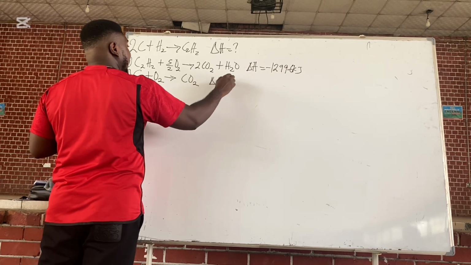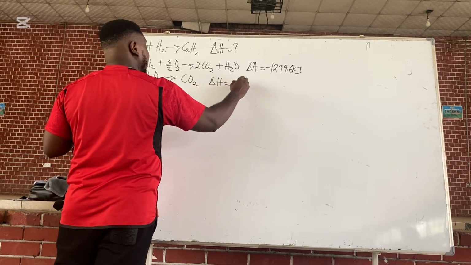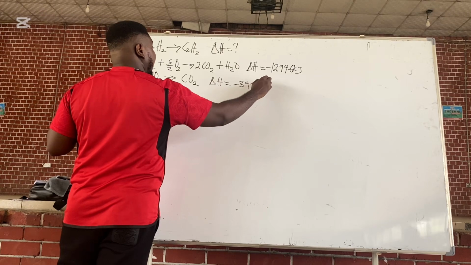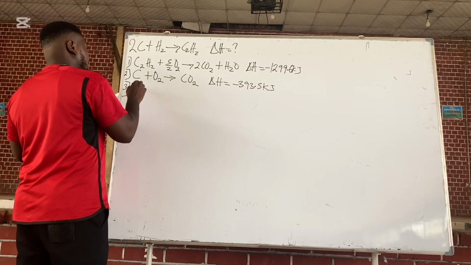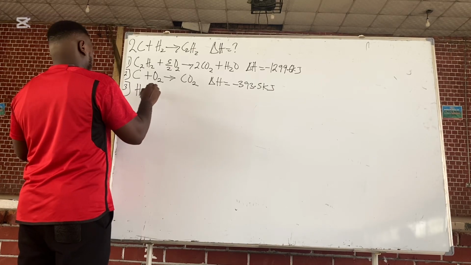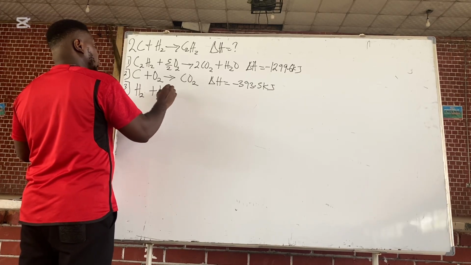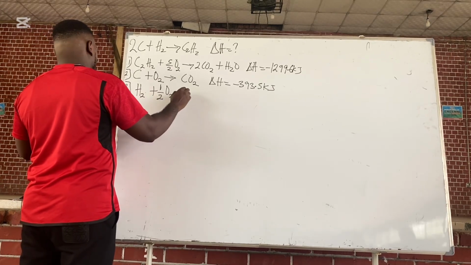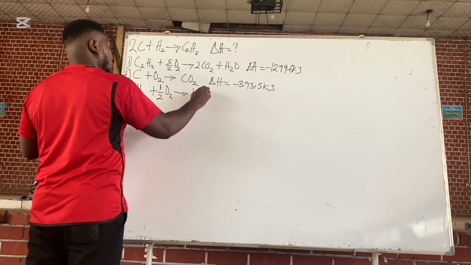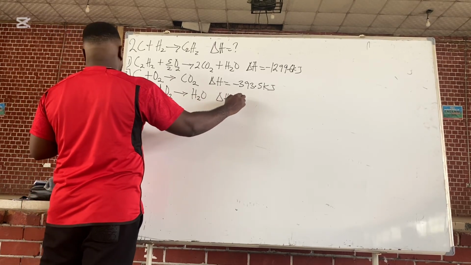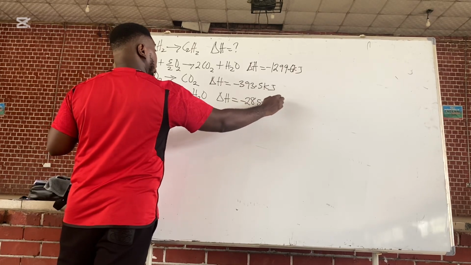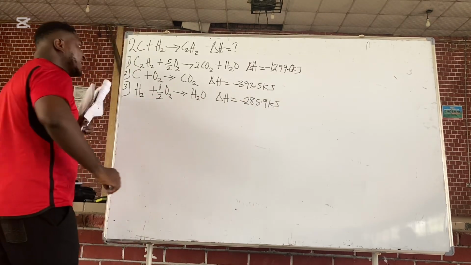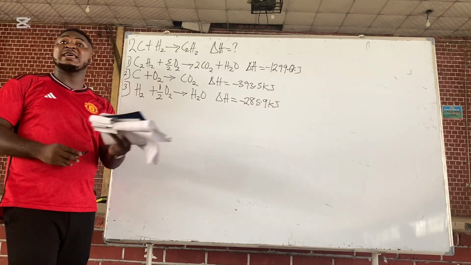Enthalpy change for this one is minus 393.5 kilojoules. 3. H2 plus 1/2 O2 to give H2O. Enthalpy change is minus 285.9 kilojoules. So you see, I told you they are giving us 3 equations and the enthalpy change.